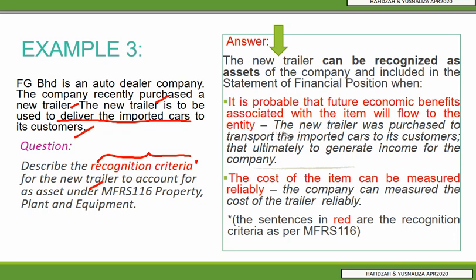The new trailer was purchased to transport the imported cars to its customers. This is the reason for acquiring that particular trailer. Ultimately you bought this trailer for your business purposes, which is to generate income for the company.